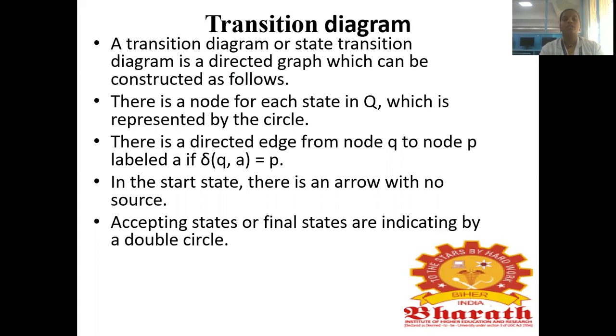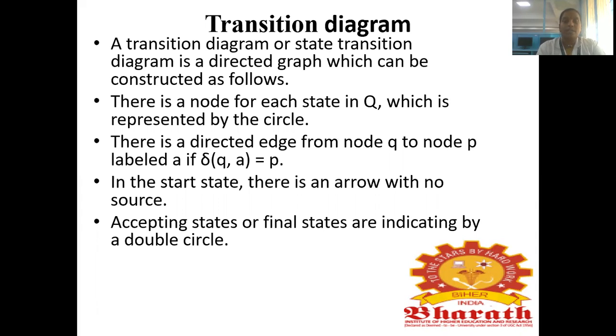So first, what is the transition diagram? A transition diagram or state transition diagram is a directed graph which can be constructed as follows. How to draw the NFA and how to draw the DFA diagram, this type of graph can be used. First point, there is a node for each state in Q, which is represented by a circle.